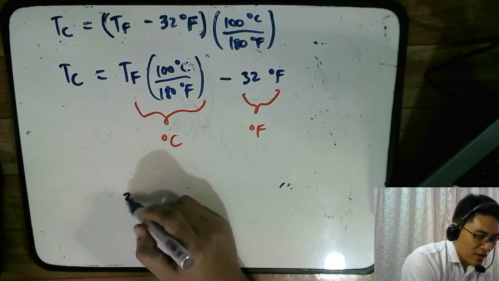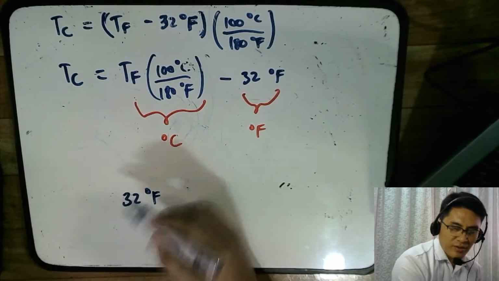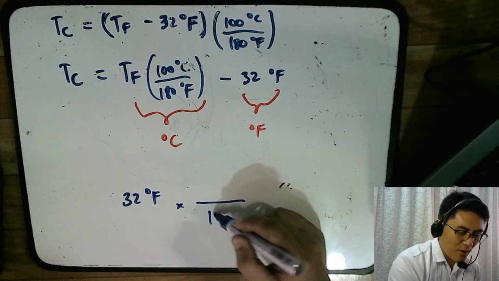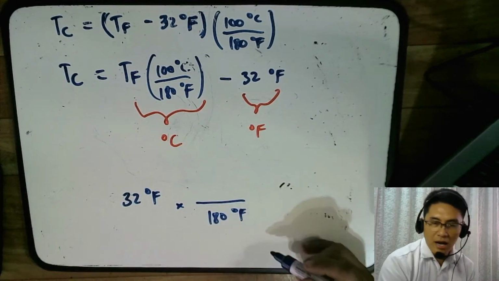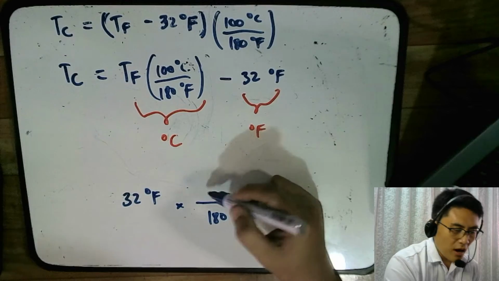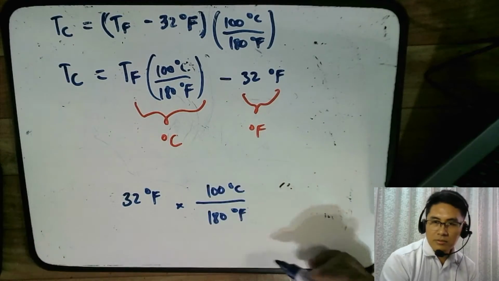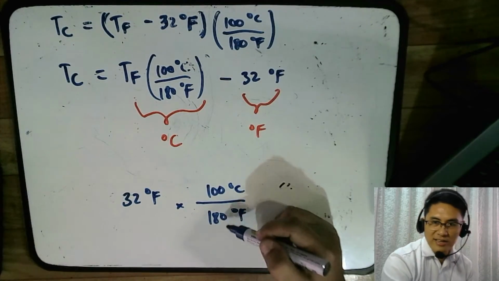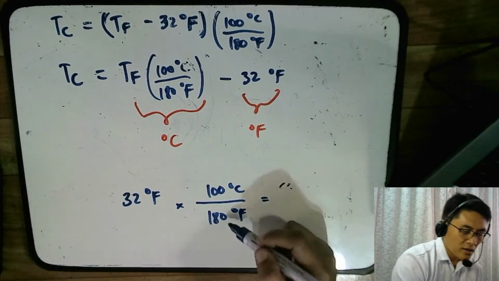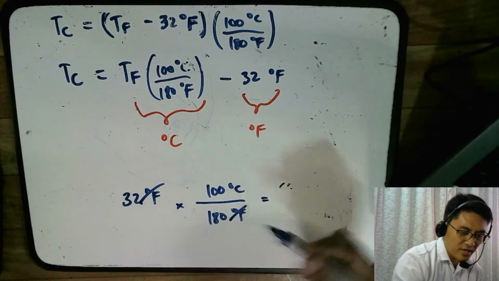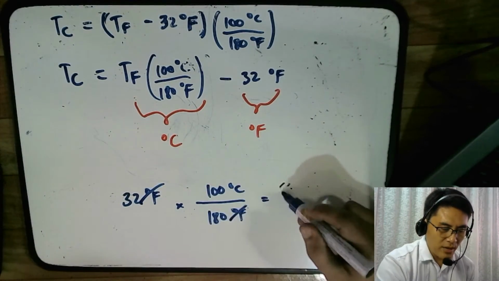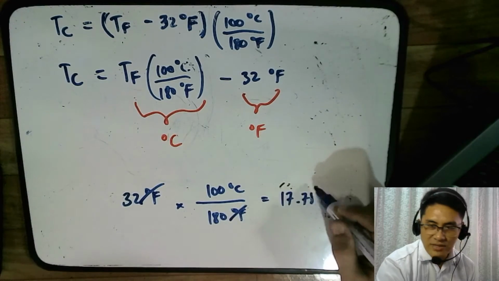Well, we know again that for every 180 degrees Fahrenheit, there are 100 degrees steps in Celsius. So if I convert the 32 degrees into Celsius, it will end up with 17.77777.